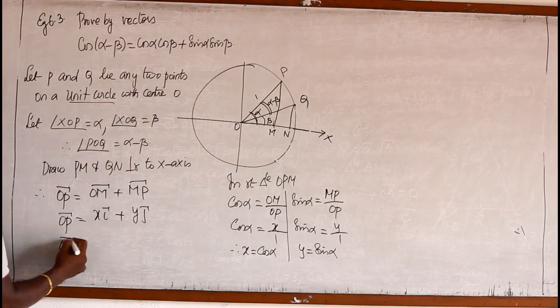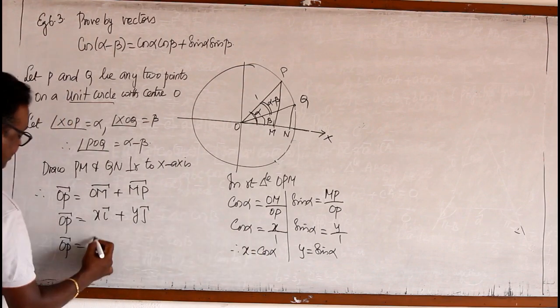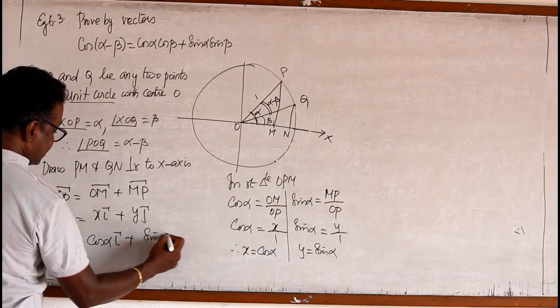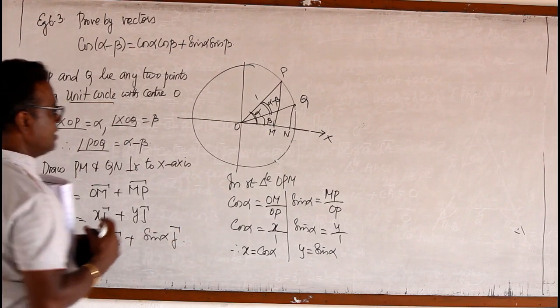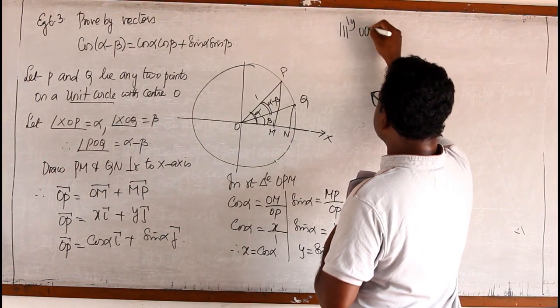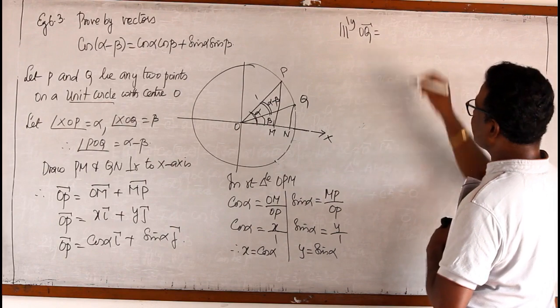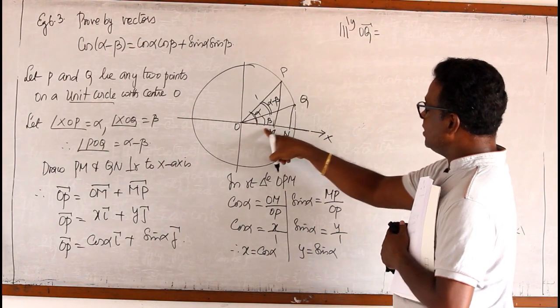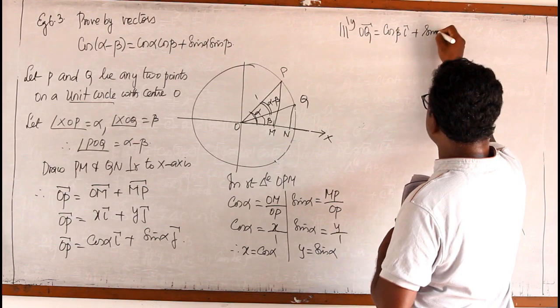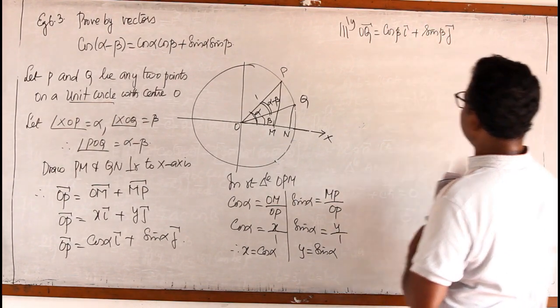So the OP vector, instead of x, I write cos alpha i plus sin alpha j. Similarly, I can write the OQ vector, where the angle involved is beta, as cos beta i plus sin beta j.